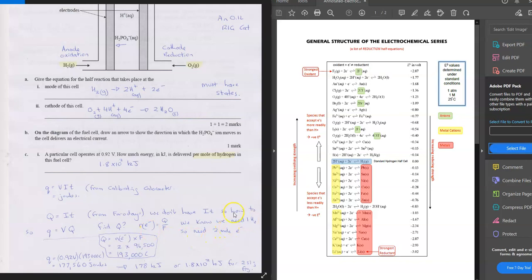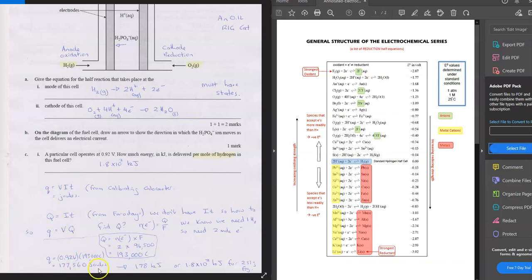So for every 1 mole of hydrogen, we would make 2 moles of electrons. So we know the number of moles of electrons, so we can rearrange this to work out Q. This comes over the other side, it's multiplied. So we've got 2 moles of electrons multiplied by 96,500, so we can work out that Q must have been 193,000 coulombs. So when you multiply the volts by these coulombs, we're just substituting Q in for IT.